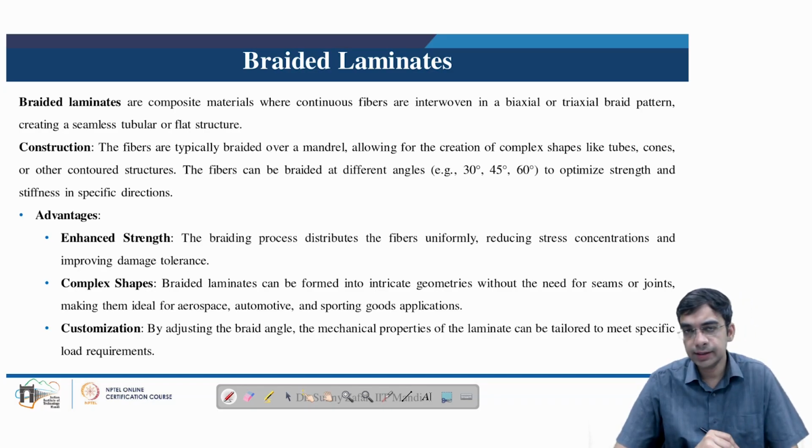Also, they enhance the manufacturability of complex shapes, where braided laminates can form intricate geometries without the need for seams or joints, making them ideal for aerospace, automotive, and sporting goods applications. And by changing the braid angle, we can customize the properties of the braided laminates and they can be tailored to meet specific load requirements.